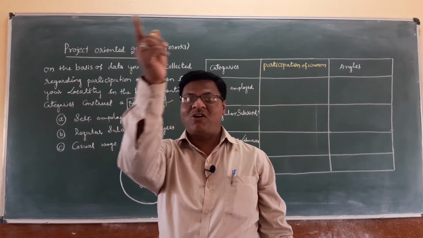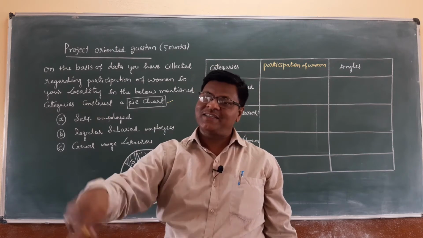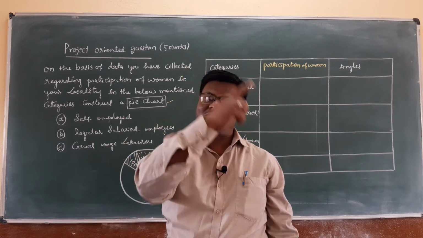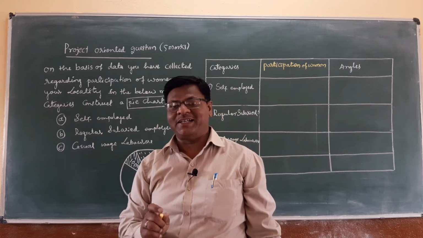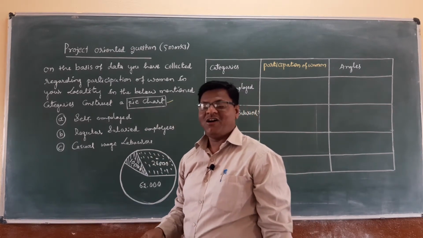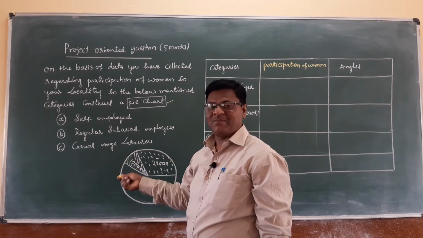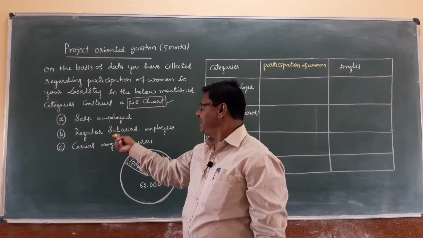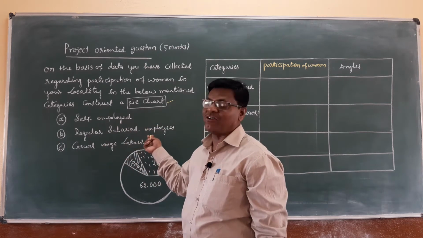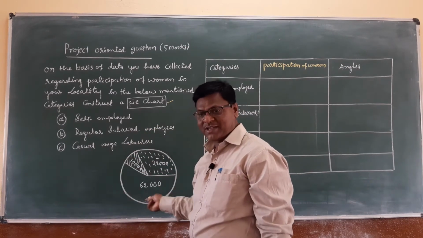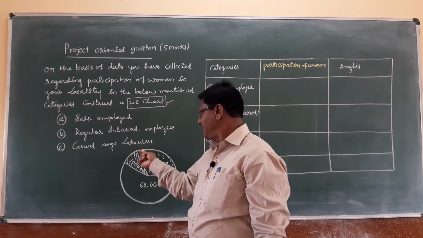You have to draw a circle. The circle is called the pie diagram. You have to mention the percentage or how many casual laborers, self-employed and regular salaried employees there are. You have to draw a circle and mention it percentage wise.